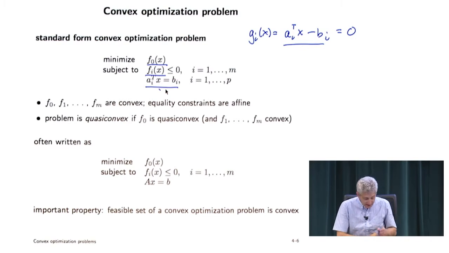Okay? And if f0, the objective, is quasi-convex, then the problem is called a quasi-convex optimization problem. Now, the equality constraints here, which have to be linear, well, which is kind of informal speech for affine, right? Because there's a lot of situations where you talk about linear equalities, and what you really mean are affine equalities.